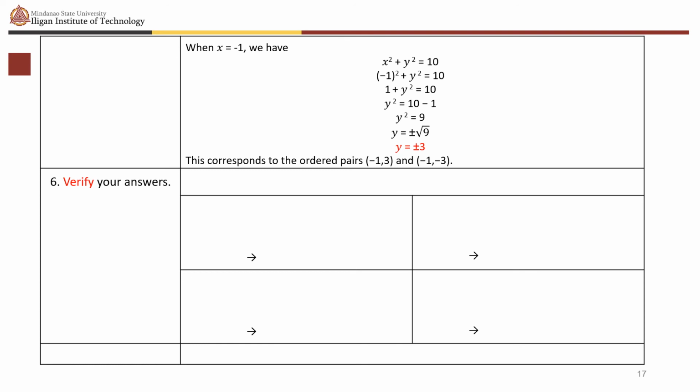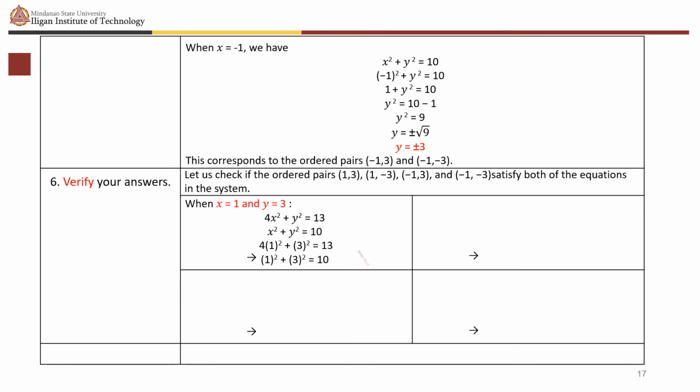So lastly, we have to verify our answers. We can check if the ordered pairs (1, 3), (1, -3), (-1, 3), and (-1, -3) satisfy both of the equations in the system. You have to do that one by one.